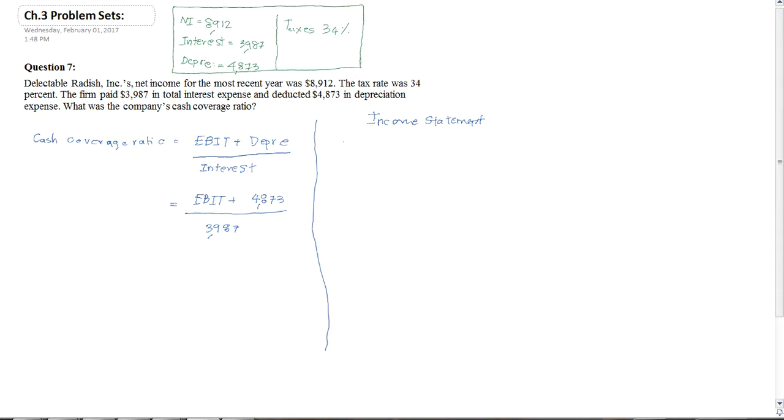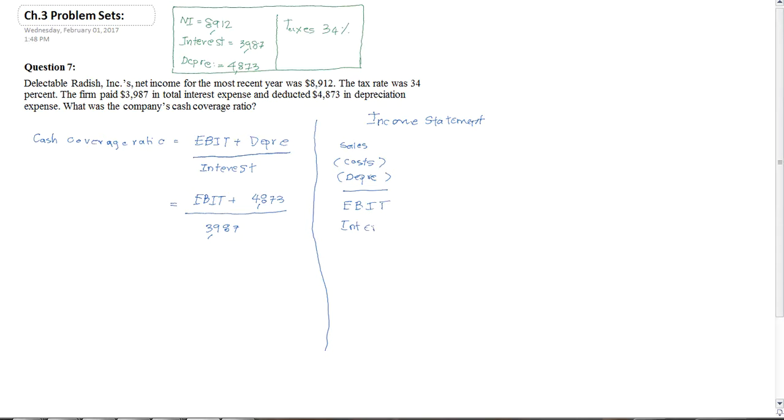The formal pattern for the income statement comes from sales minus cost minus depreciation, and what we get is the first subtotal, called EBIT. After EBIT, we pay interest.